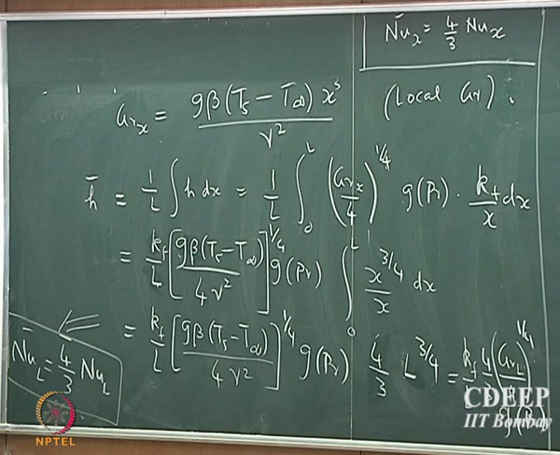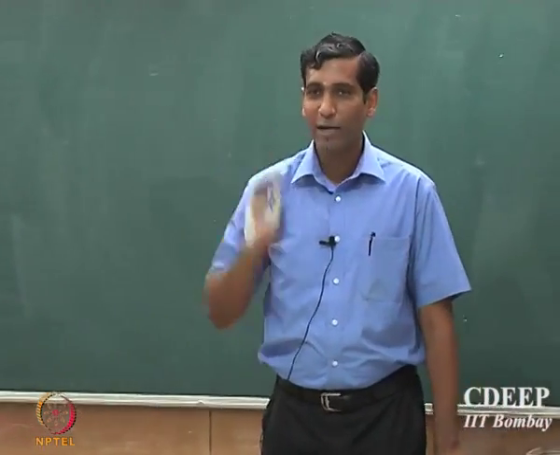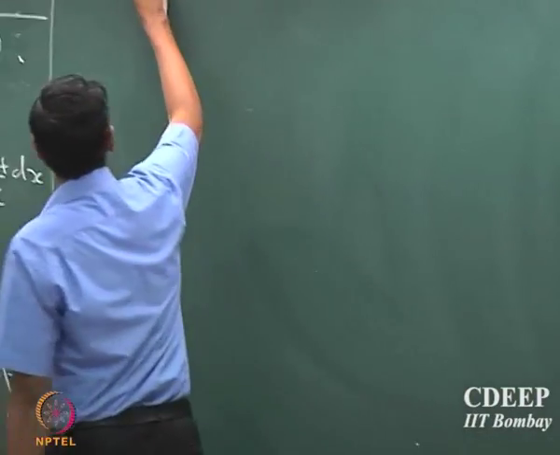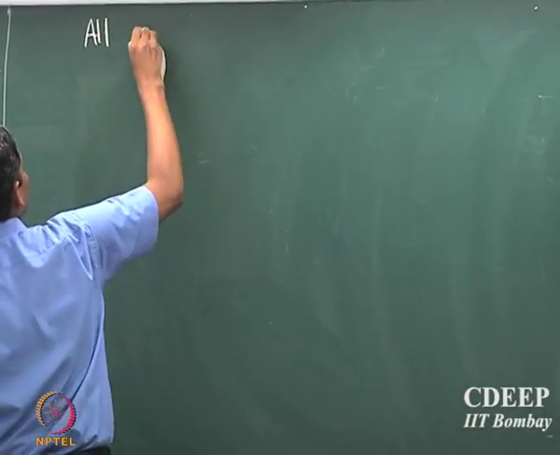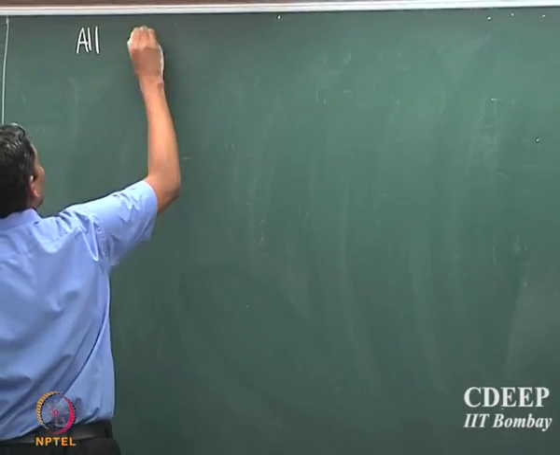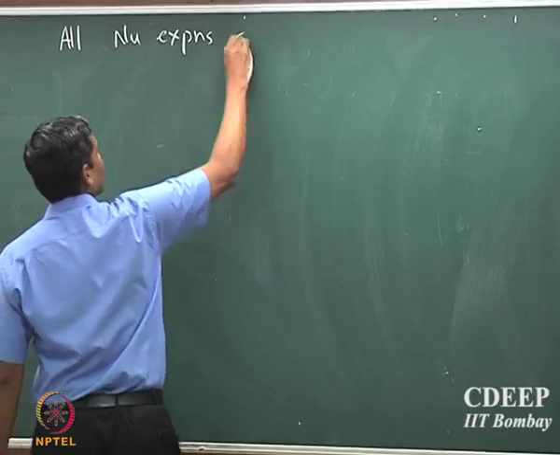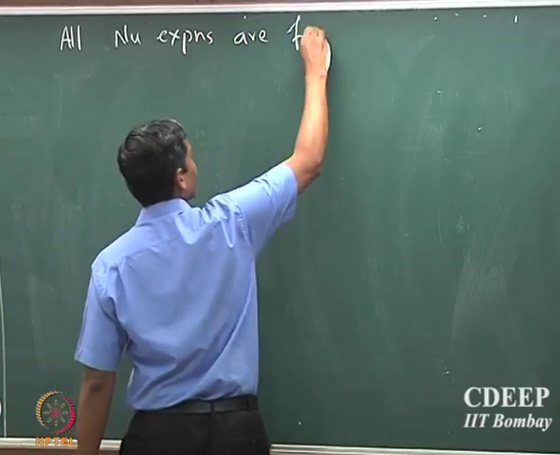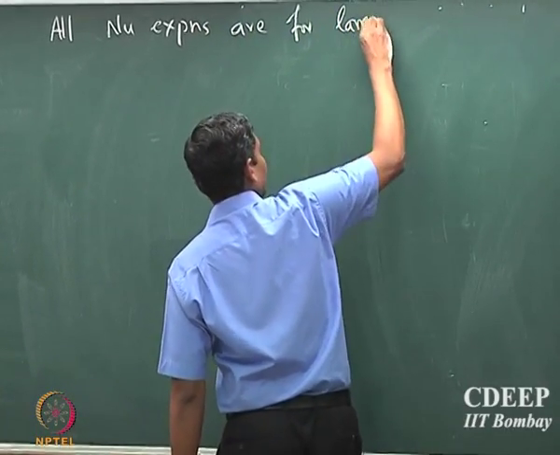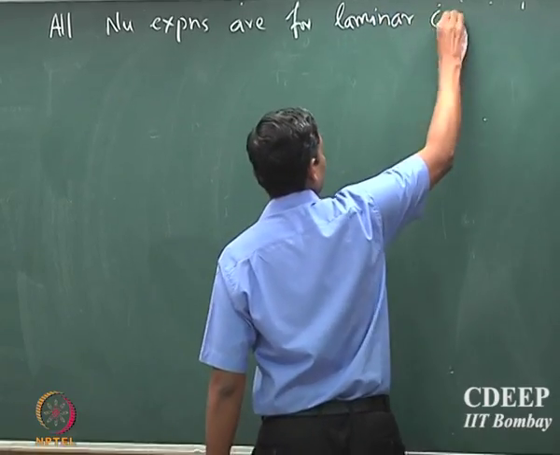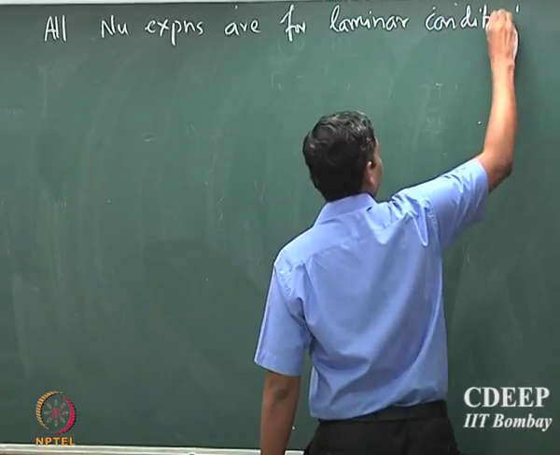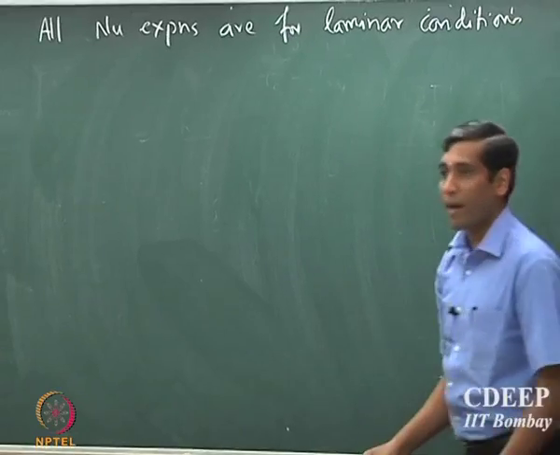Now, all that we have done is basically for laminar conditions, although I should have mentioned it earlier. All equations and all Nusselt number expressions so far are for laminar conditions. There is a particular reason why I did not mention laminar.